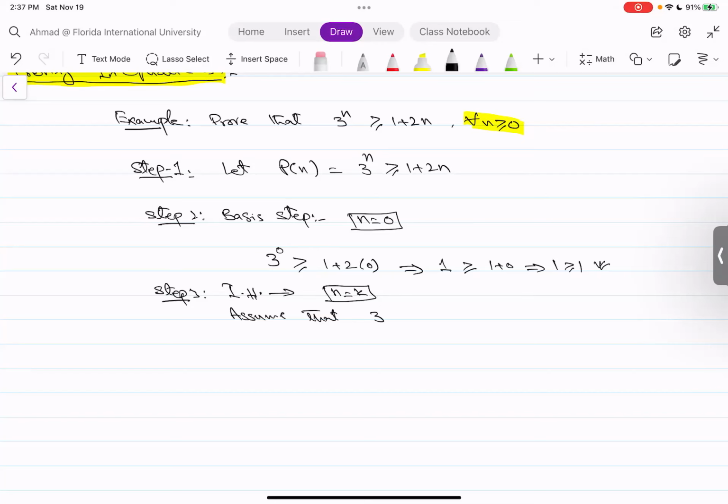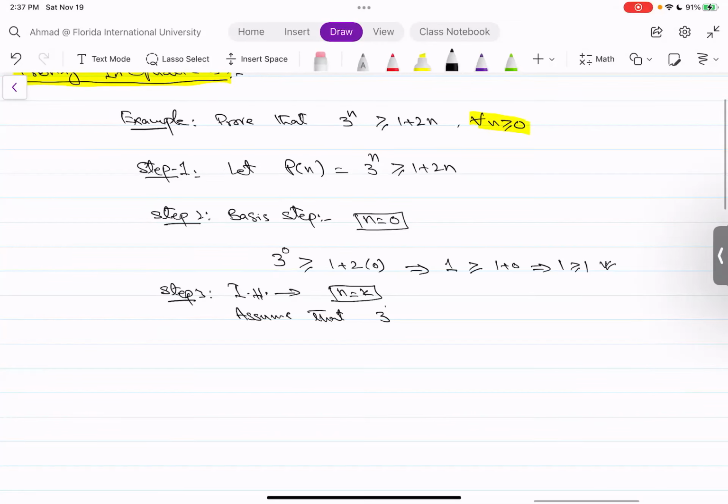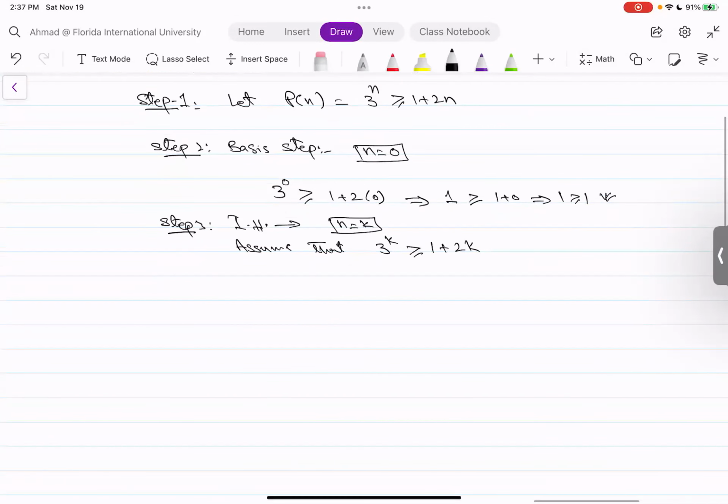So I assume that 3 to the power of k is greater than or equal to 1 plus 2k. In order to prove this, remember this is an inequality, which has a different way of proving than the equalities that we have seen in the previous videos. So this one is a bit different in terms of algebra.